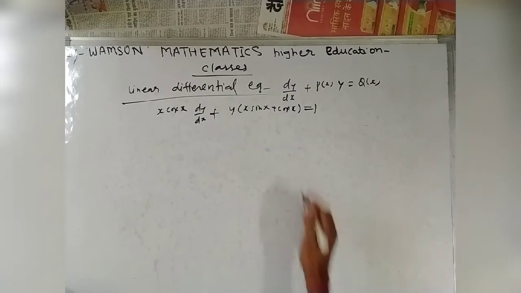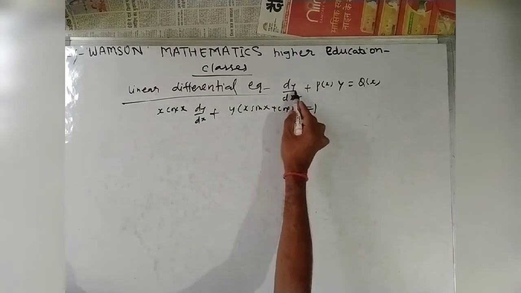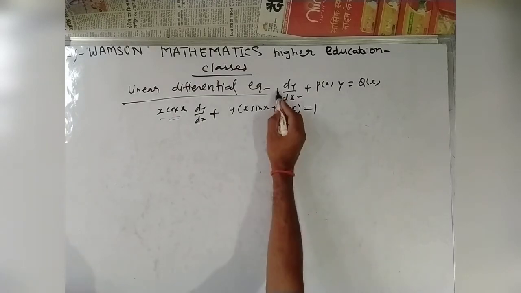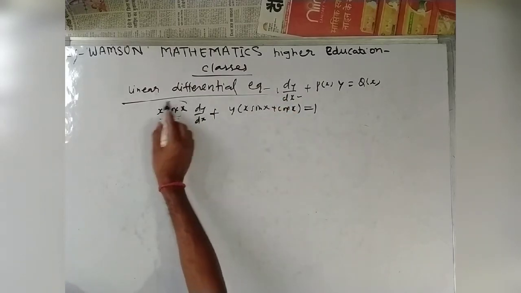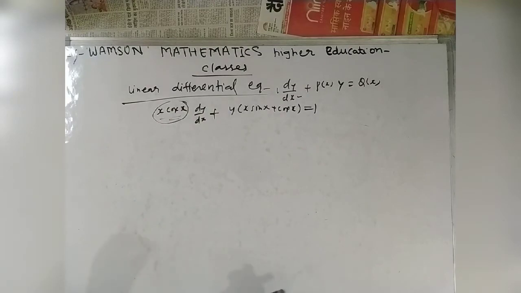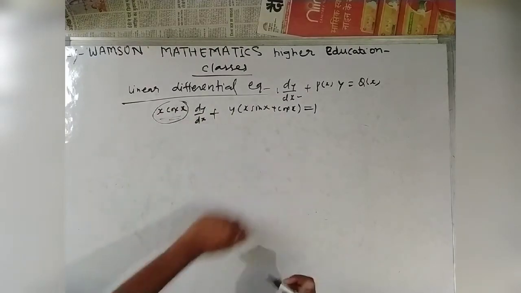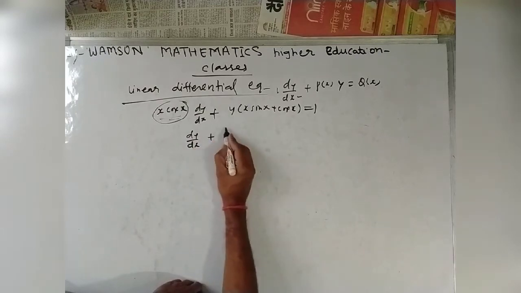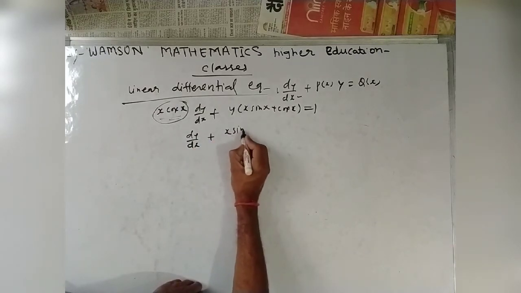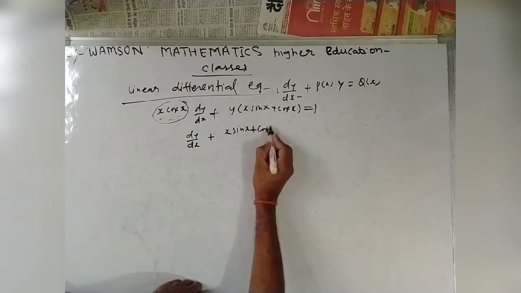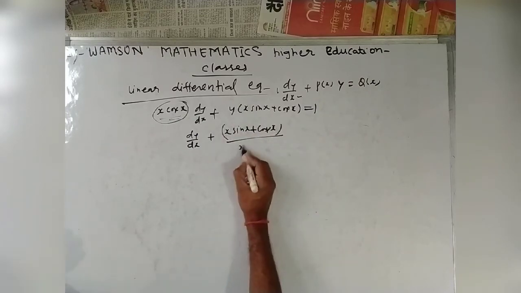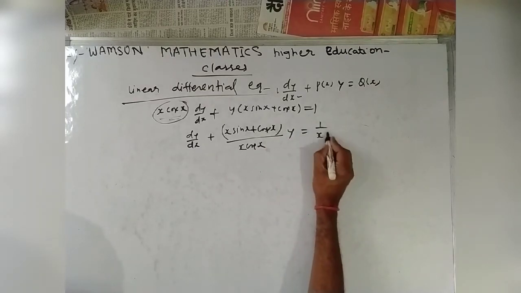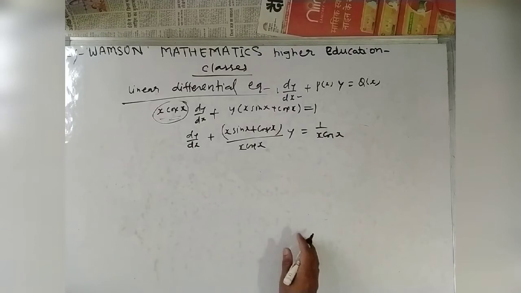Here the standard equation is free from the term, where the coefficient is 1. इसे भी आप coefficient 1 में convert करेंगे, तो convert करने के लिए इस whole term से divide करना पड़ेगा. So now divide by x cos x: dy by dx plus the term x sin x plus cos x divided by the whole term x cos x into y is equal to 1 upon x cos x.